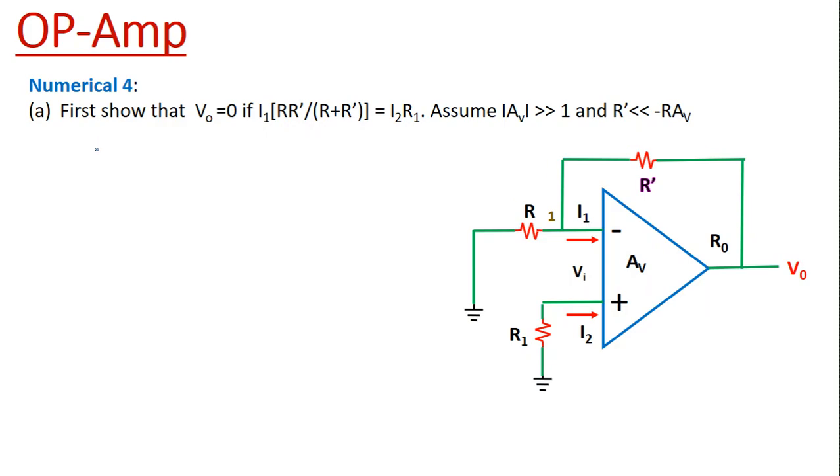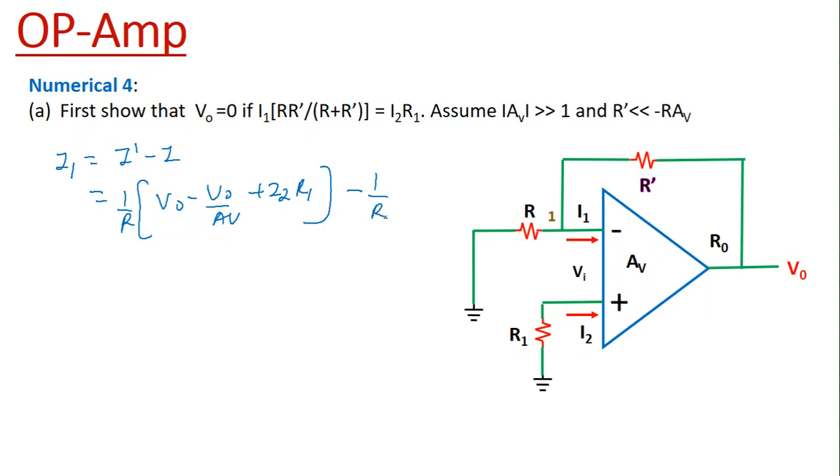Now after putting we get I1 is equal to I dash minus I. So we put 1 upon R dash whole multiplied by VO minus VO upon AV plus I2R1, minus of 1 upon R VO upon AV minus I2R1.